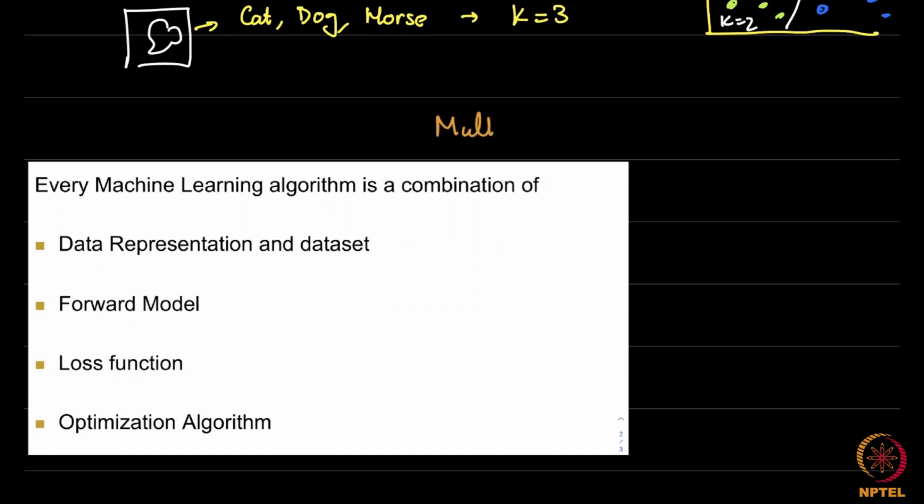In case you have a multi-class problem, it turns out that in data set, just like last time we did a scalar representation, y equal to 0 or 1, there is something called a one-hot vector representation that we'll have to use. The forward model will be very similar. We'll have linear, but we won't have sigmoid at the end. We will have something called a softmax at the end.